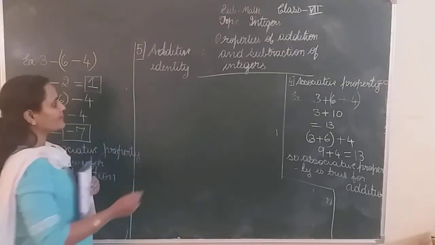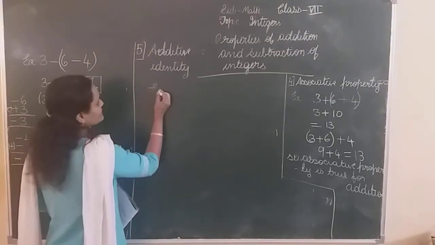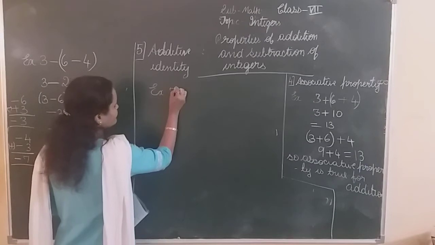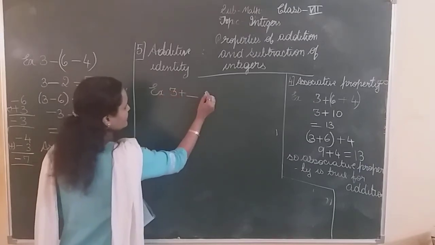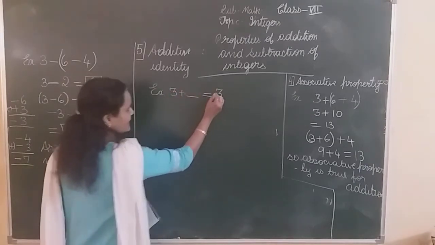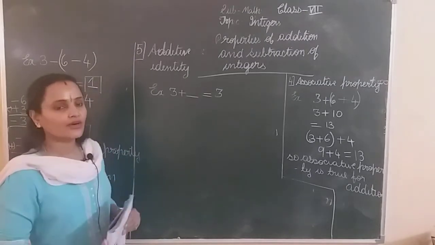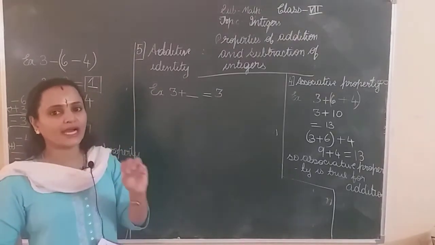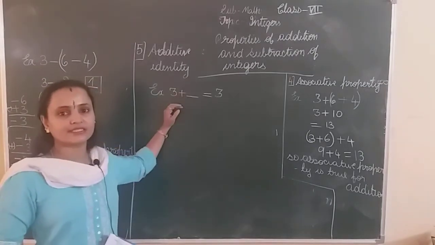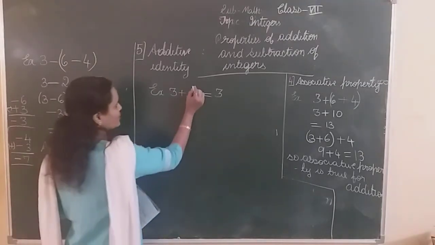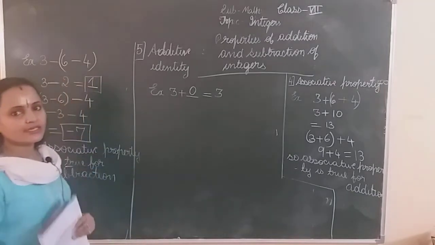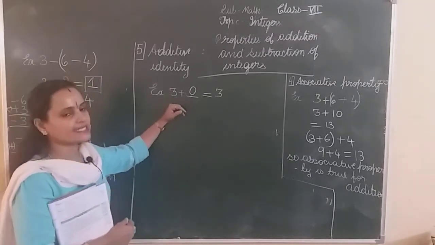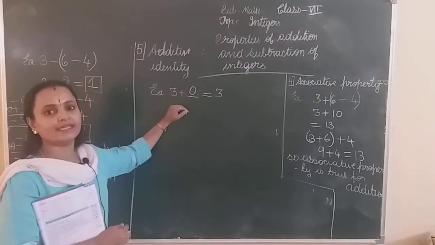See, for example, when I give you 3, which is that number, when you add it you get the answer as 3 itself. There is a certain integer which you add to that number, and the result is the same, that is 0. So this 0 has additive identity.